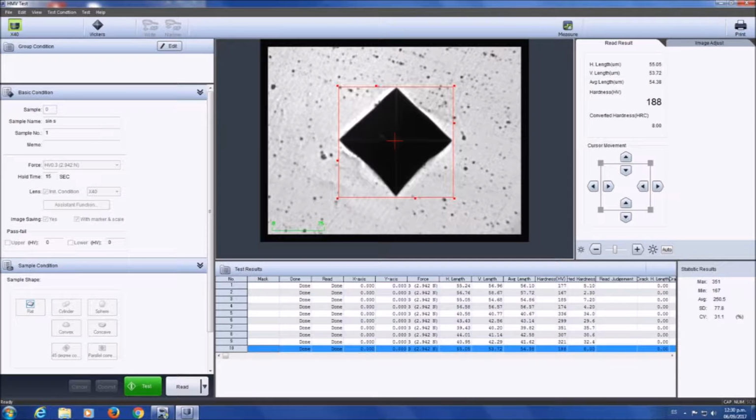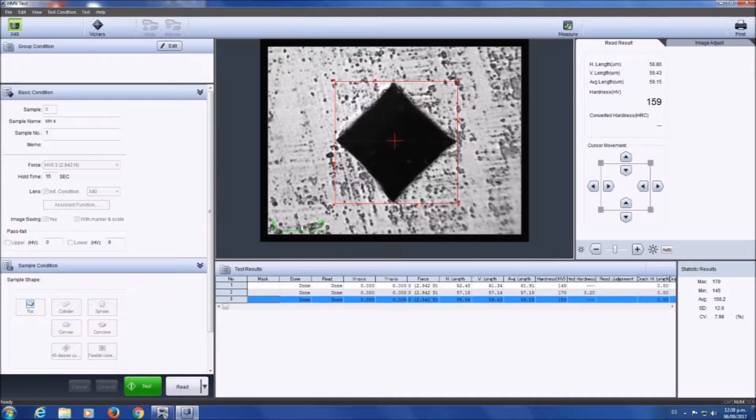Here we can see that for the first 4 and the 10th, the hardness is around 177 to 190, and tests 5 to 9 are in the weld zone.